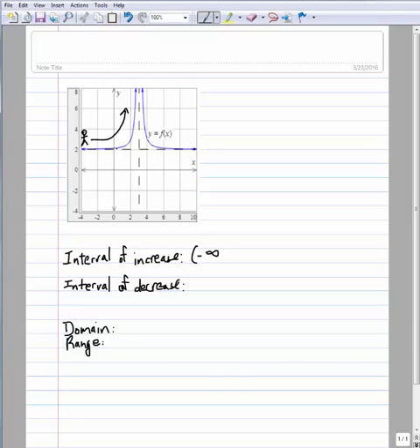It looks like we have this asymptote here. We know this graph is never going to cross this asymptote, and it looks like it's at positive 3. So we'll get really close to positive 3, but we'll never touch it. So we're increasing the whole time from the x values of negative infinity all the way to positive 3.